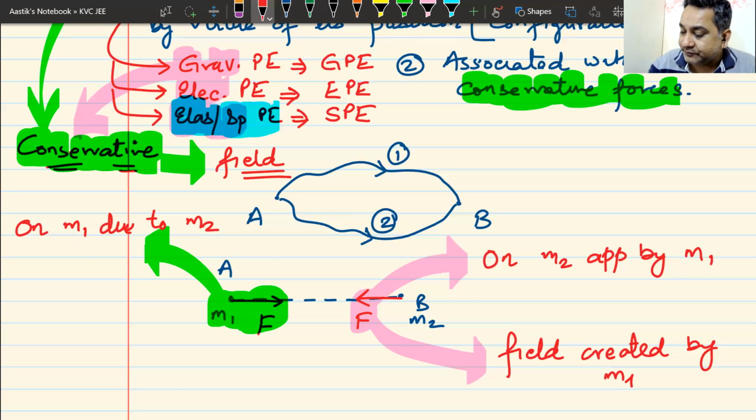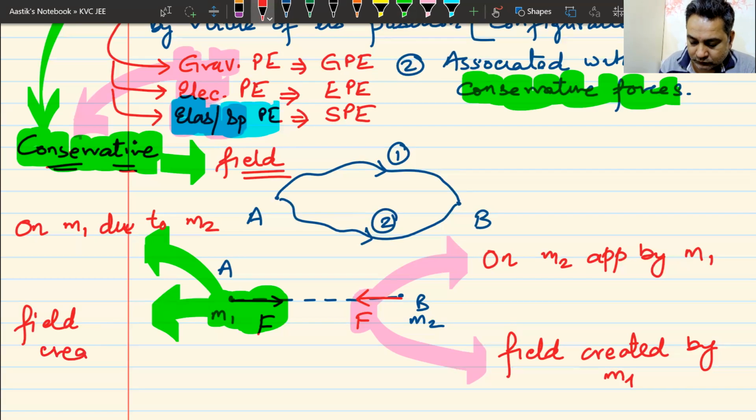This force comes from the gravitational field created by M2. So far, so good. We now understand the concept of field.